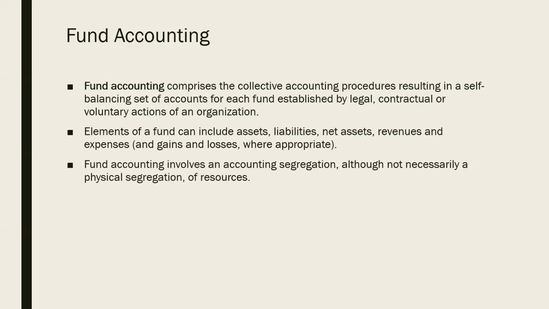And it involves a segregation of accounting, although it doesn't necessarily have to be a physical segregation of resources. So definitely the accounting has to be separated for each fund where the not-for-profit organization uses fund accounting.